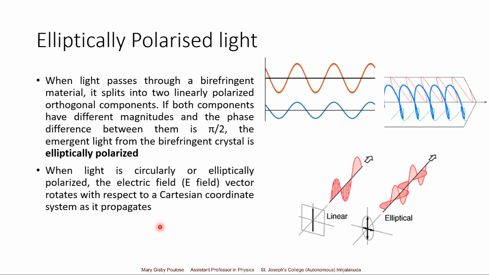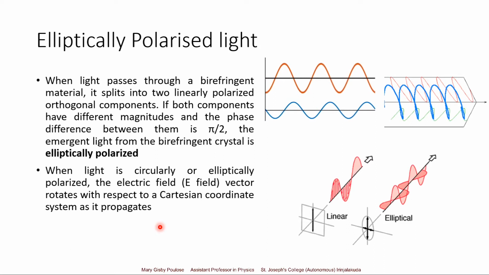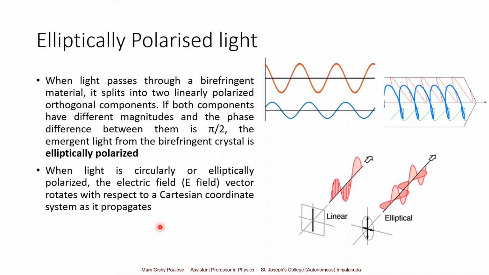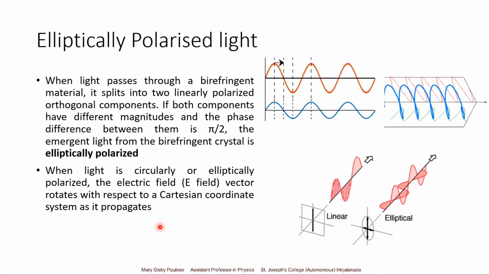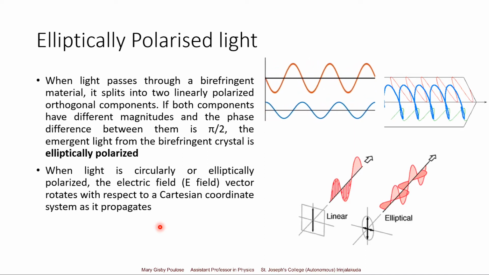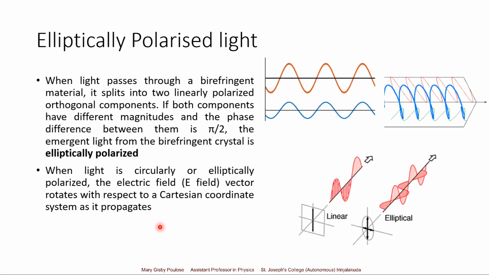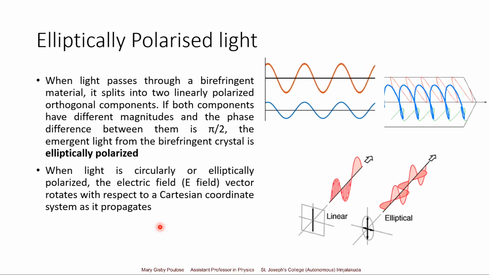Now let us learn about the elliptically polarized light. In the earlier case, when we pass light through a birefringent crystal like calcite or quartz, the light splits into two, O ray and E ray, and after having a finite phase difference, they emerge out of the crystal. Now, if the O ray and E ray have different magnitudes, then they will produce an elliptically polarized light on superimposing.